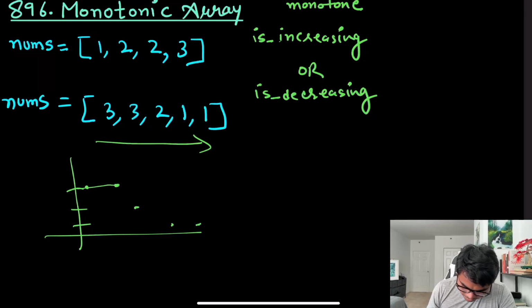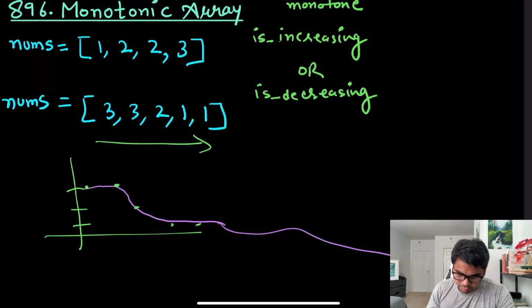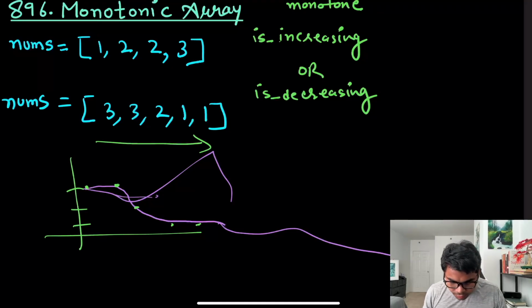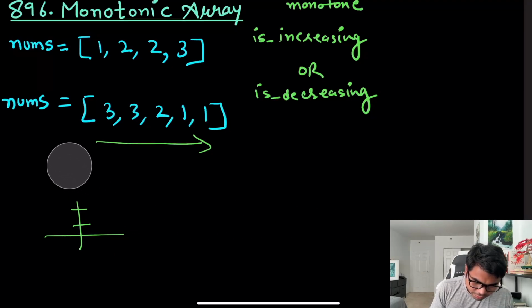So this graph would look something like this, right? So it's monotonic decreasing. The graph has never gone up from any previous value. It's not just the neighboring previous value, it's any previous value.